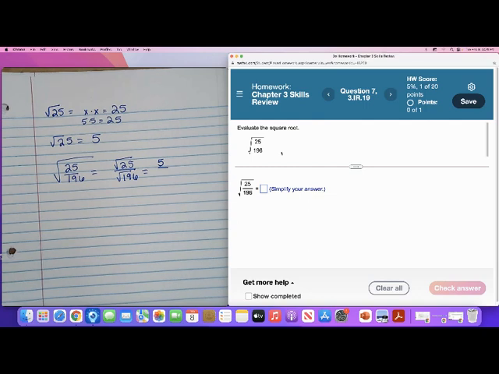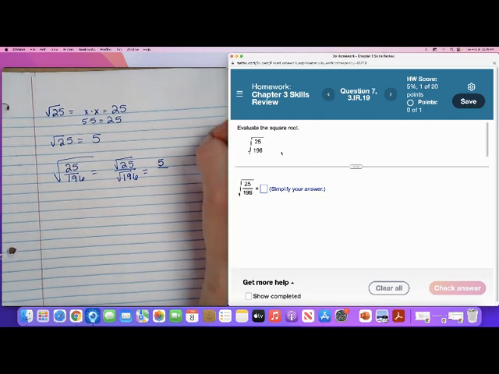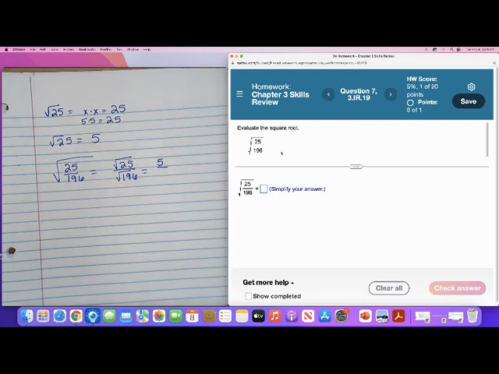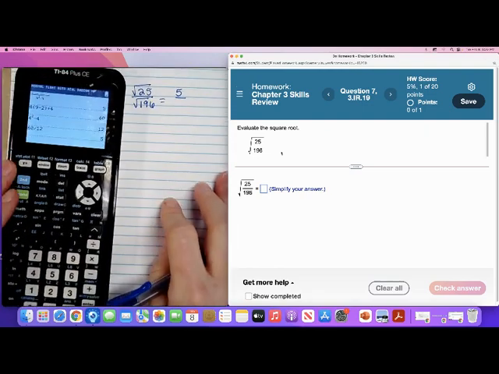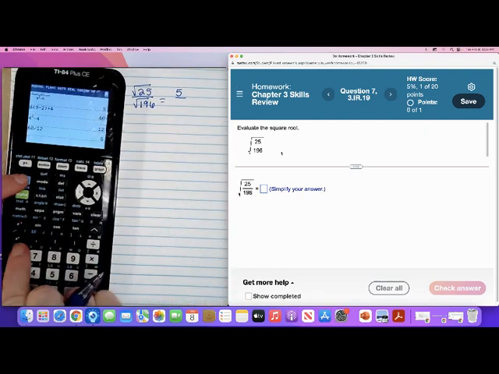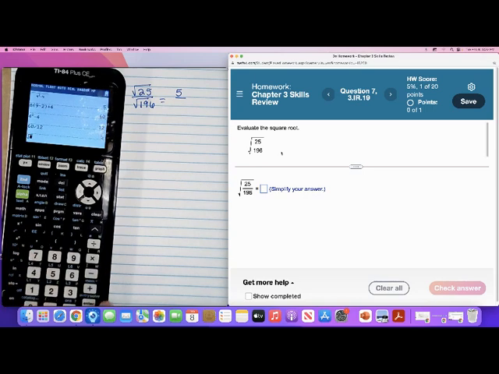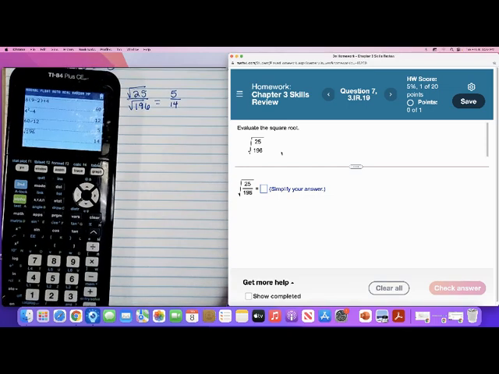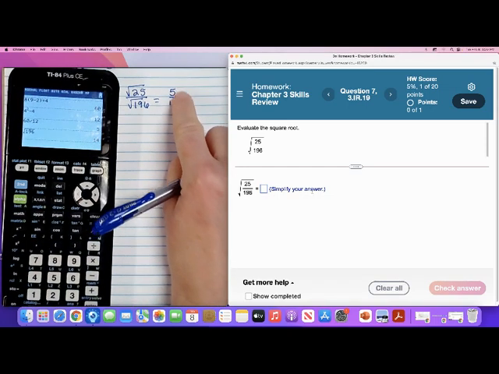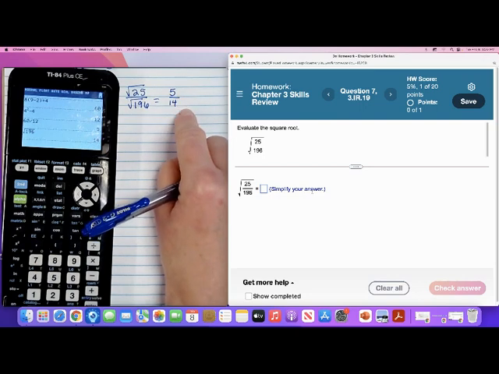I know mine up to like 20, so this is actually 14. But if you're not sure, the calculator will do it for you. You do second and then this x squared and then put 196, 14. And we're going to leave it just like that as that fraction because it says simplify your answer. If these had a common divisor, we would do that, but these don't.